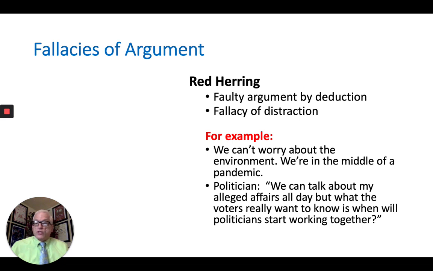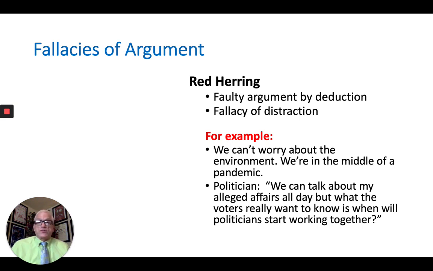If your team of dogs caught the scent of the fox, you would take an old dead red herring, a fish, drag it across the trail, and throw it off into the woods. So the next team of dogs on the scent of the fox would stop where the red herring scent picked up and follow it off into the woods, and voila, you would win the fox hunt. So this is a fallacy of an argument by deduction, and it's a fallacy of distraction.